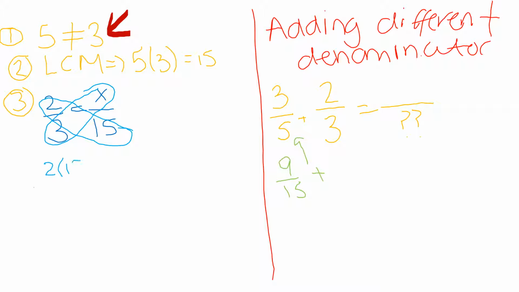Two times 15 is 30, equals 3x. Multiply both sides by 1/3 to get rid of the 3 next to the x. 10 equals x. So now our second new fraction is 10/15.